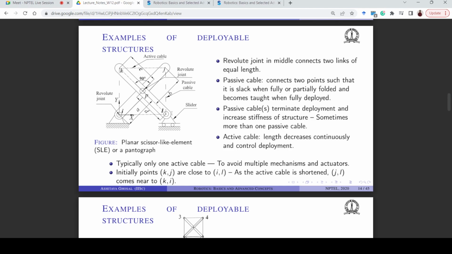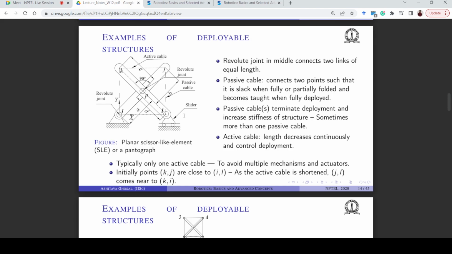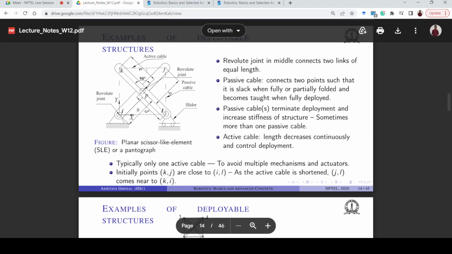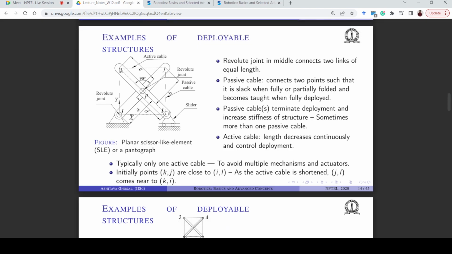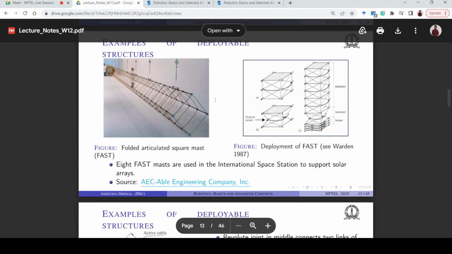So when you actuate this, or move this slider joint horizontally on the ground, the height of both of these arms decreases. So again, you can see that it is essentially a one degree of freedom mechanism. This is the most basic structure that is used in these deployable masts.